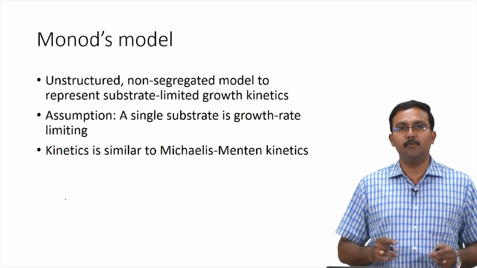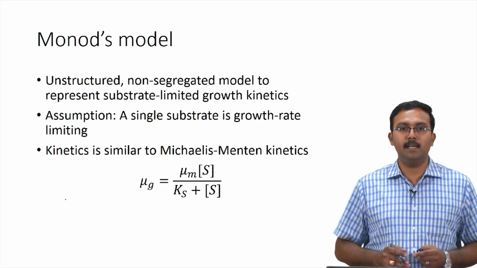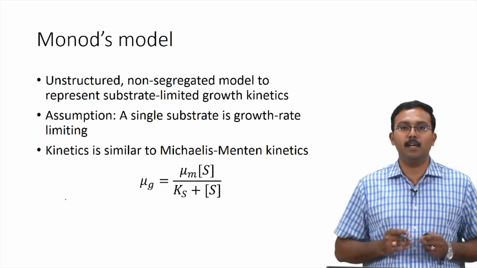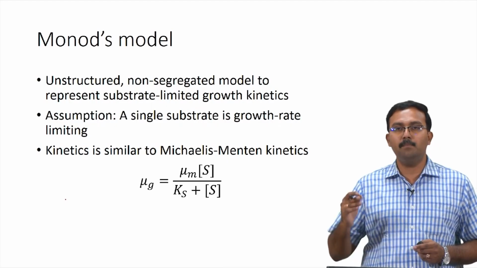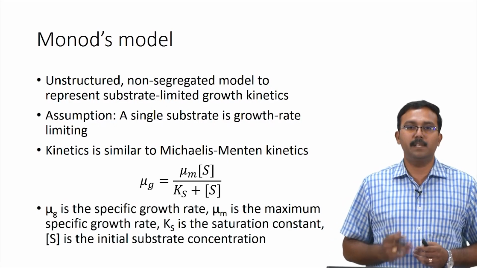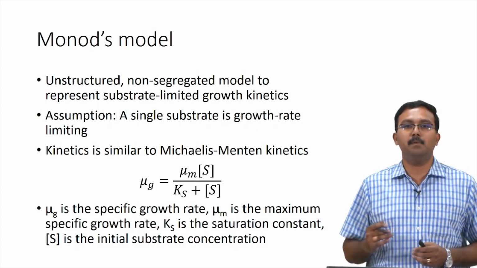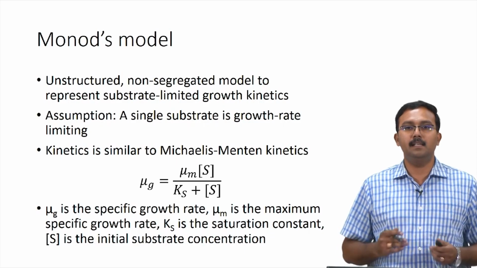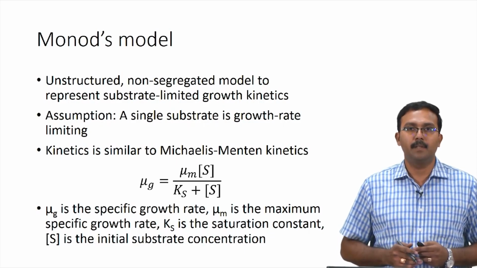The kinetics itself is similar to the Michaelis-Menten kinetics, and the equation for the gross specific growth rate mu g is given as mu m times s divided by Ks plus s, where mu g is the specific growth rate, mu m is the maximum specific growth rate, Ks is the saturation constant, and s is the initial substrate concentration.